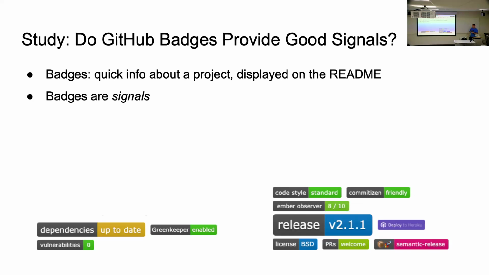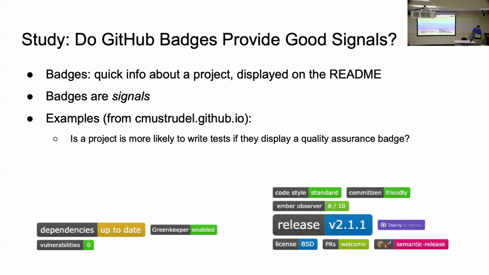But there's also something called assessment signals, which are tougher to produce. And because they're tougher to produce, they might tell you something more meaningful about your project. So a good example of that might be test coverage. If you have to set up a badge for test coverage, that's not easy. You might get a good idea about the test coverage for your project.